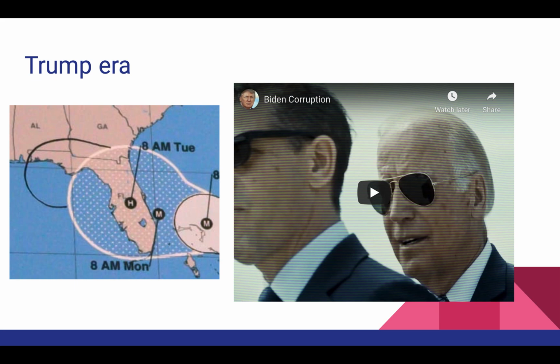One example would be the path of a hurricane last year. When the hurricane was coming, President Trump was talking about where the path was going to come, and he'd already tweeted that people in Florida, Georgia, and Alabama had to be careful because the hurricane was coming their direction.